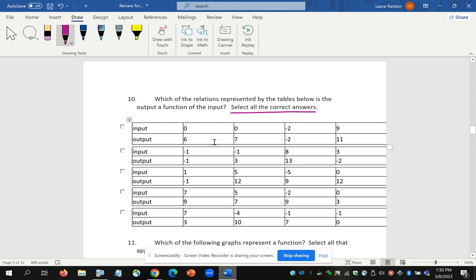You're trying to decide which one or ones of these tables could be functions. Well, basically, remember, to be a function, there's no repeat in the y values. So I'm going to focus my attention on the y values.